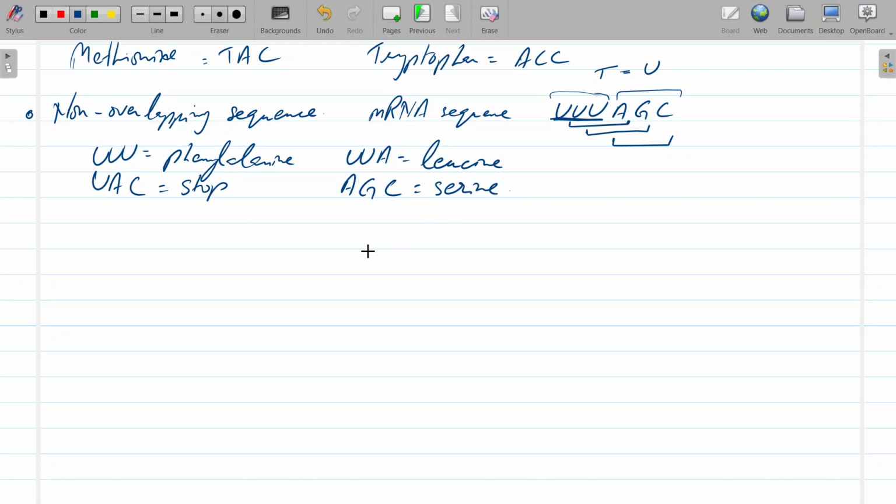Now, there are two problems with this. The benefit, if it were overlapping the way we are theorizing, is that it becomes far more compact. Instead of having 12 nucleotide bases for these three amino acids and a stop codon, you fit all of that into just six.